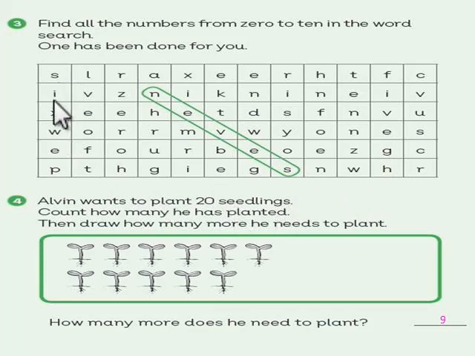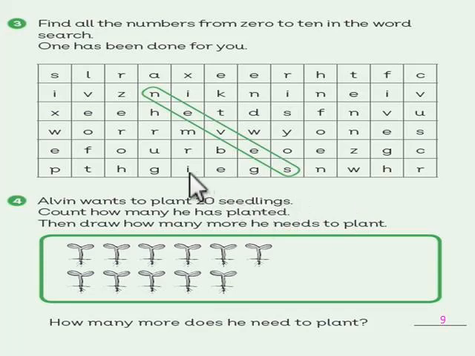We circled 7 already. What is next to 7? 8. E-I-G-H-T. So where is 8 here? Here. 8. E-I-G-H-T. 8. Then 9. Let's find 9. N-I-N-E. 9.